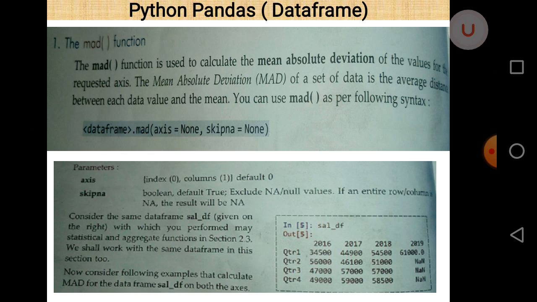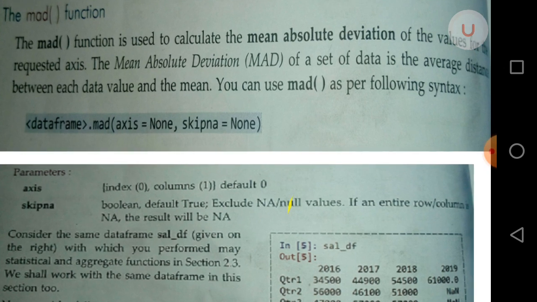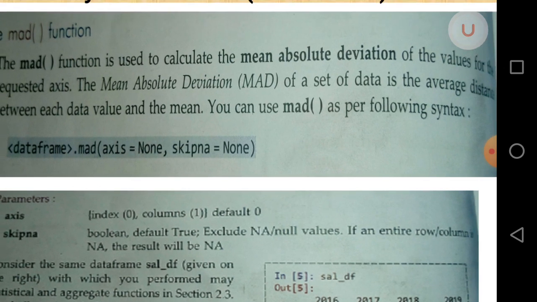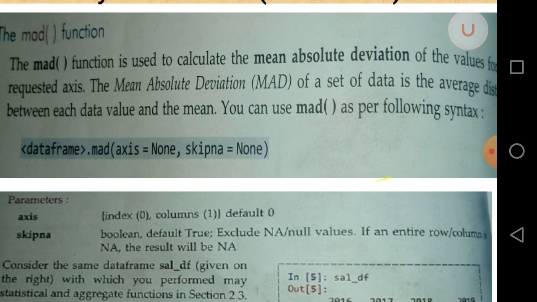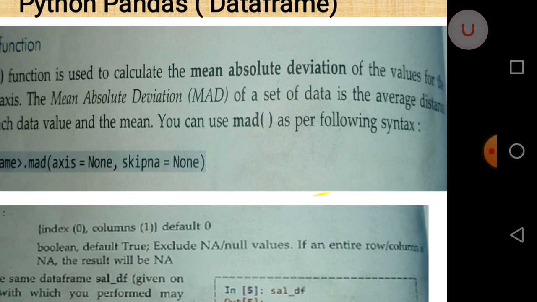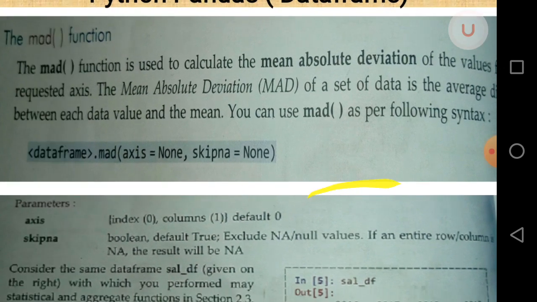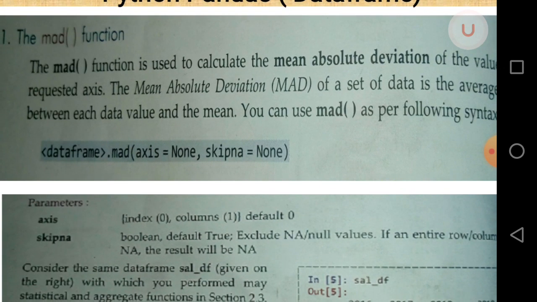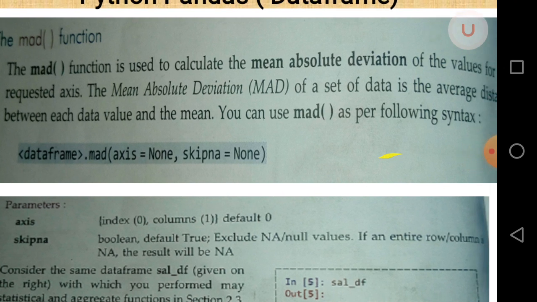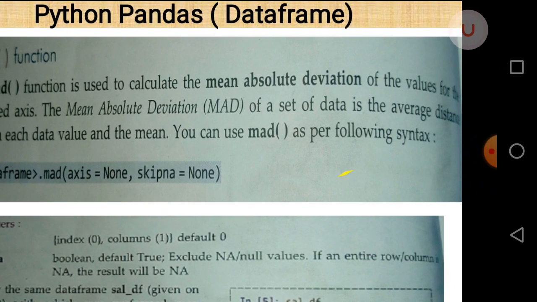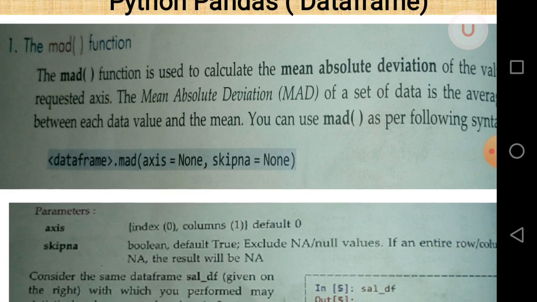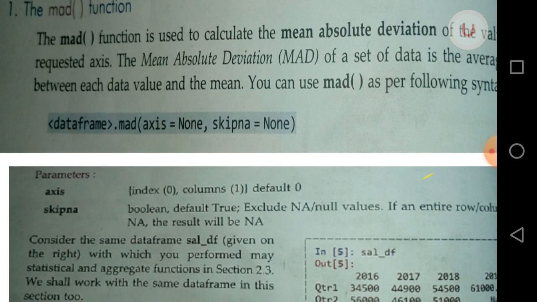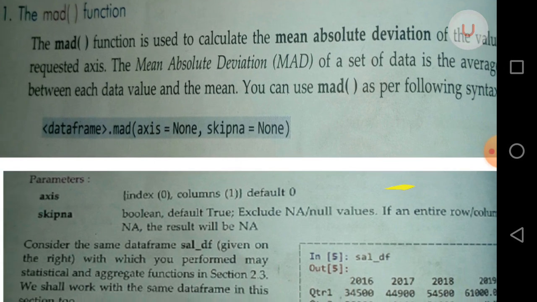First of all, let us see what the mean absolute deviation is. It is used to calculate the mean absolute deviation of the values for the required axis. The mean absolute deviation of a set of data is the average distance between each data value and the mean. And to calculate it, we use the mad function as per the following syntax.